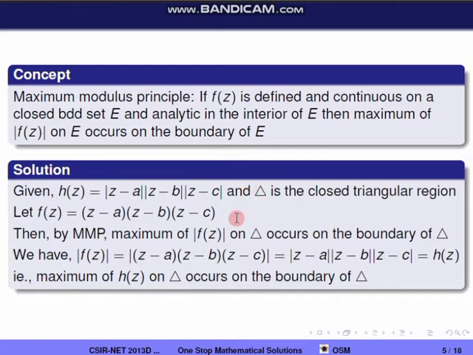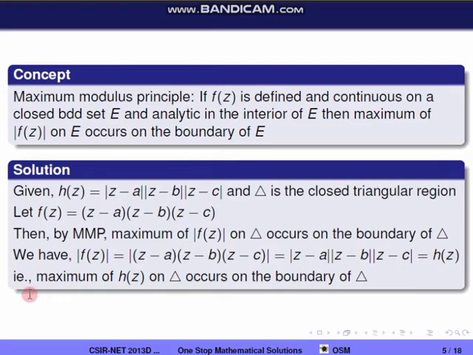Therefore, by the maximum modulus principle, the maximum of modulus f of z on delta occurs on the boundary of delta. So if we note that modulus of f of z is equal to modulus of z minus a into z minus b into z minus c, and this can be split up as modulus of z minus a into modulus of z minus b into modulus of z minus c, which is the function h of z.